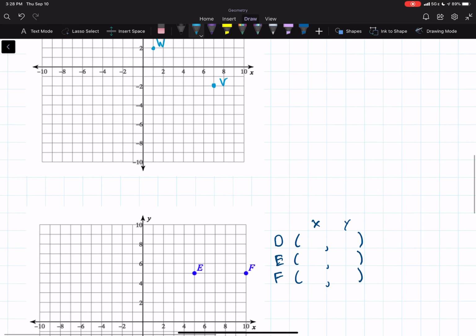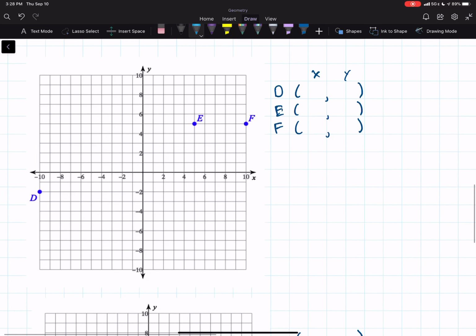All right, so let's scroll down here. Now this time they give us the points plotted, and then we have to find the ordered pair. All right, so D. My thinking is this: to get to D, if I start at the origin again and go all the way out to where D is, that's -10.